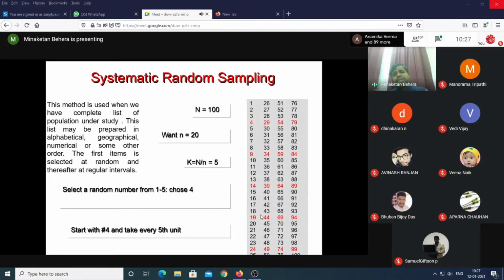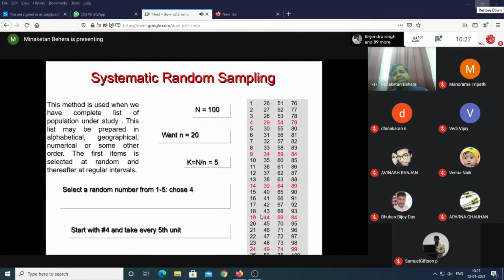Remember one thing: this is what we call systematic random sampling, and that equal gap we call the interval. Another point you have to keep in mind is that the first unit selected should be less than the number 5.